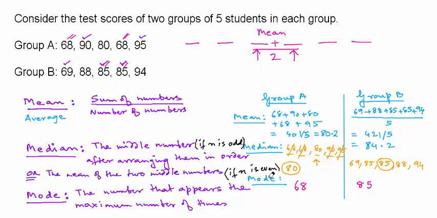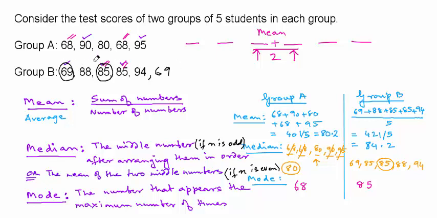One more thing. Now if you look at any of these two sets, let's say group B, imagine having another 69 in this set. So what is the mode? We define the mode as the number that appears the maximum number of times. Now 85 is one of the two numbers that appears 2 times, and 69 then becomes the other number that appears 2 times, and 2 is the maximum number.